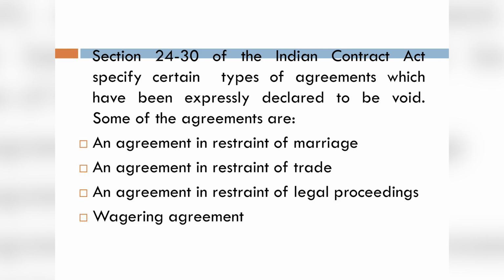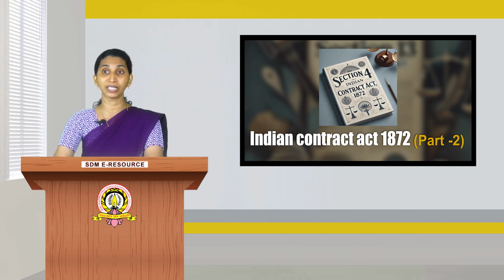Sections 24 to 30 of the Indian Contract Act specify certain types of agreements which have been expressly declared to be void. Some of these are an agreement in restraint of marriage, an agreement in restraint of trade, an agreement in restraint of legal proceedings, and wagering agreements.